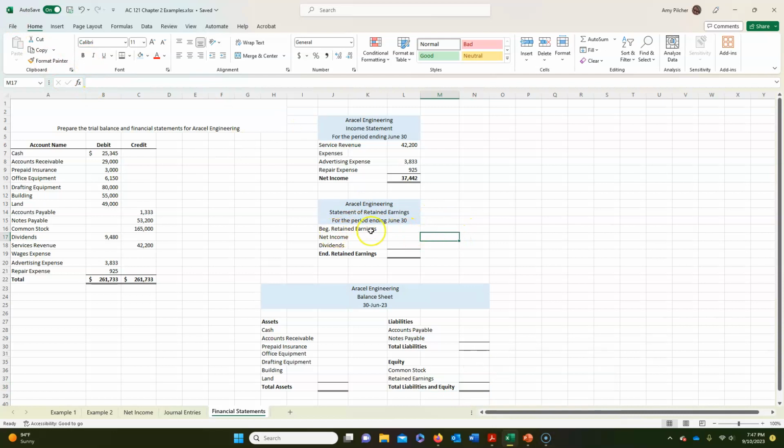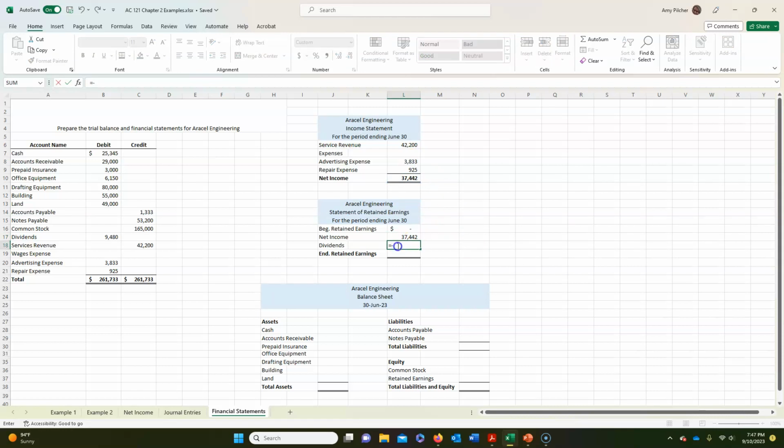Okay. So now we're going to do our retained earnings. We're not given any information for retained earnings, so that number is 0. We add net income, and then we want dividends to come in as a negative number.